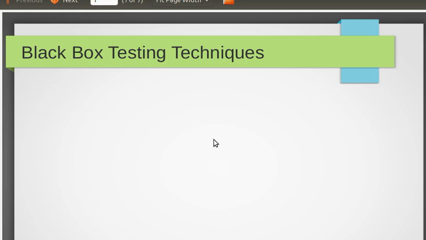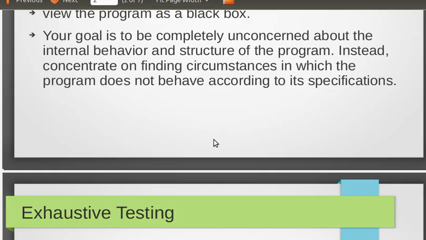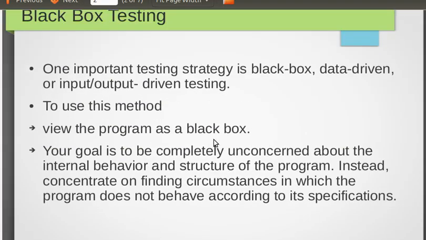Black box testing techniques are actually dynamic testing techniques, that is, the code is executed to identify errors. To start with, black box testing is a very important strategy whereby inputs are driven to the system and then the outputs are observed.